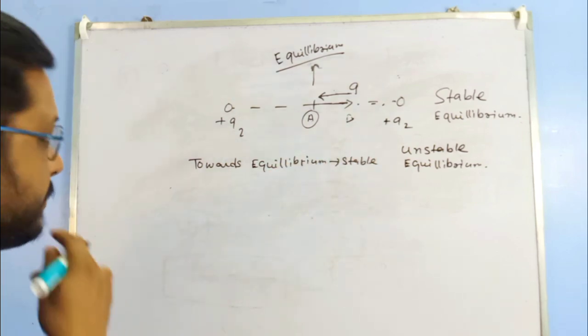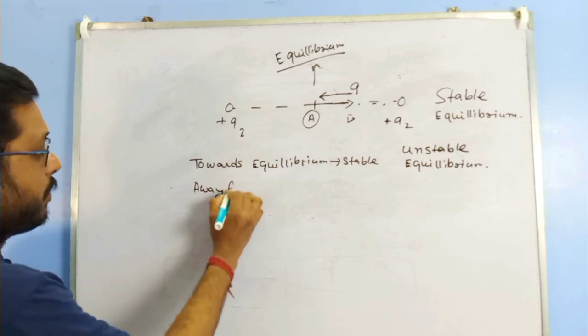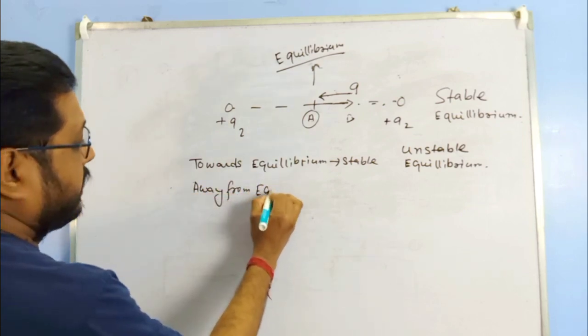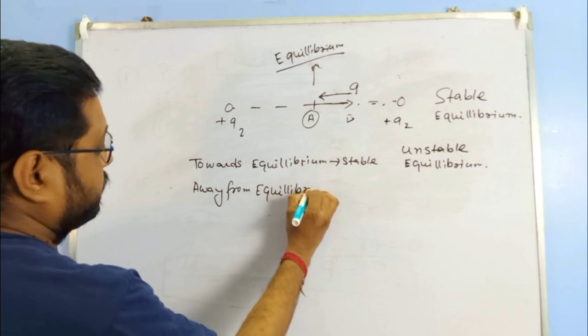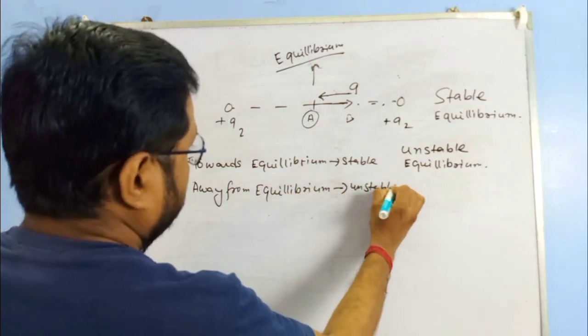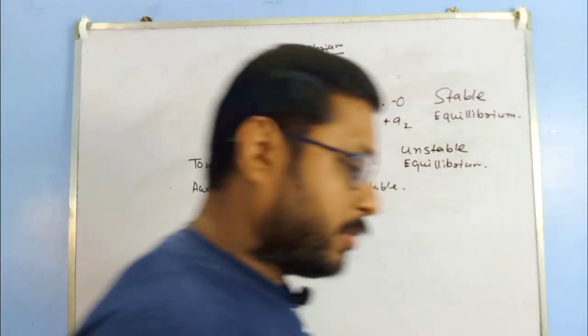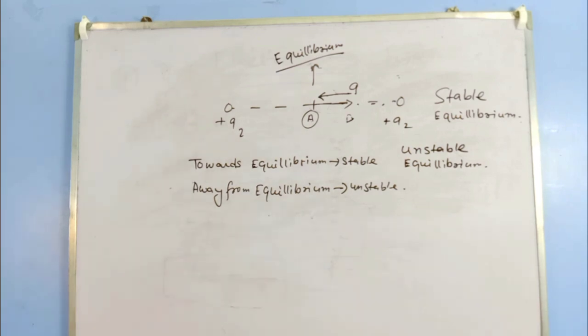And if it moves away from the equilibrium position, this is called unstable. We can do it in numericals and try to understand.